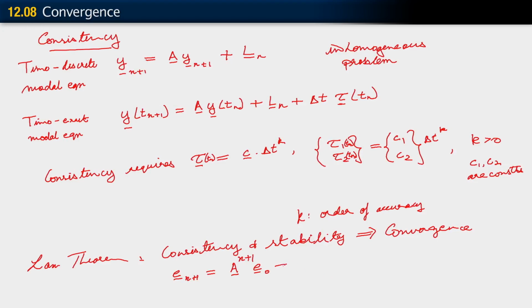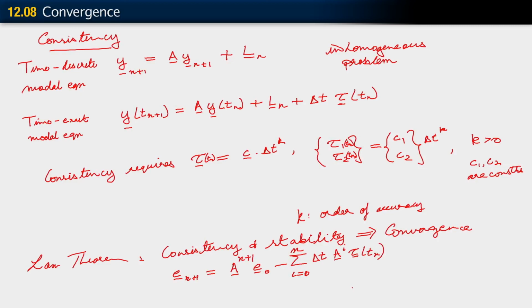Plus, or rather minus, the sum over I going from 0 to n of delta t, A to the power I, the tau vector, which is the 2 vector I wrote just above, at Tn.